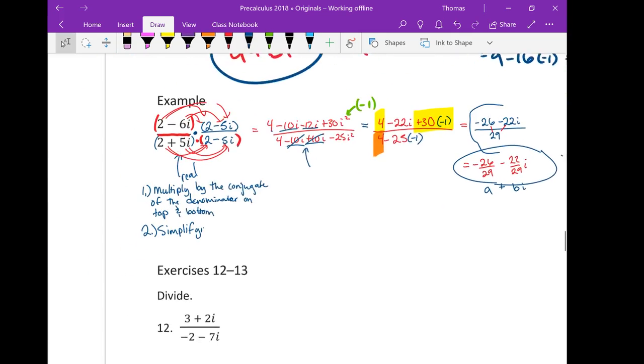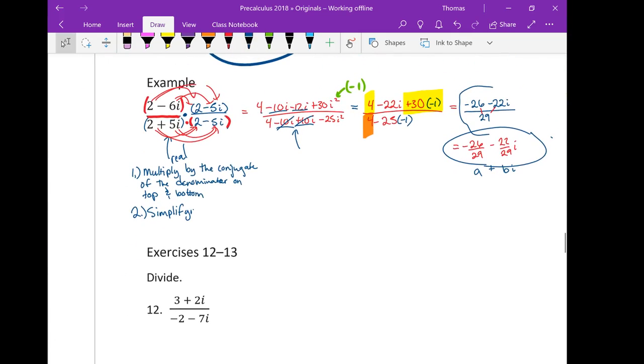So to recap, when we have a division problem for complex numbers, we needed to make the denominator real. We do that by multiplying by the conjugate. So that was our first step, to set up this multiplication on the bottom. The second step was, well, if we're multiplying by something on the denominator, we've got to do the same thing to the top, otherwise our fraction is going to change in size.